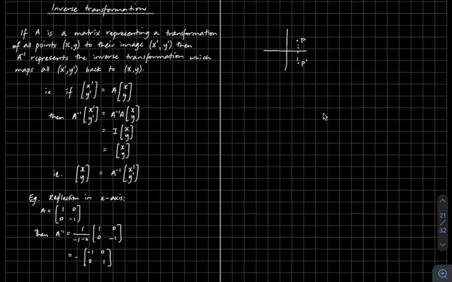The thing that I didn't do in that first step was to switch my A and D around. So I should have switched my A and D around, which would have made this one negative 1 and that positive 1. And so when I multiply those, I end up with 1, 0, 0, negative 1, which is exactly the same transformation matrix that I started with. And so that shows the idea that some transformations and their inverses are identical.